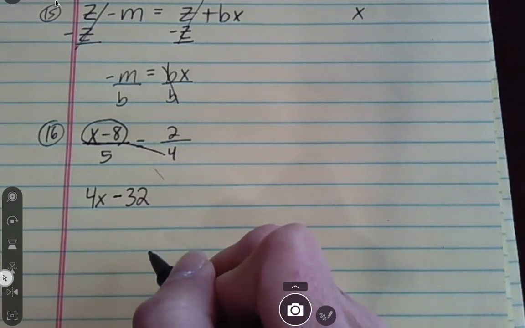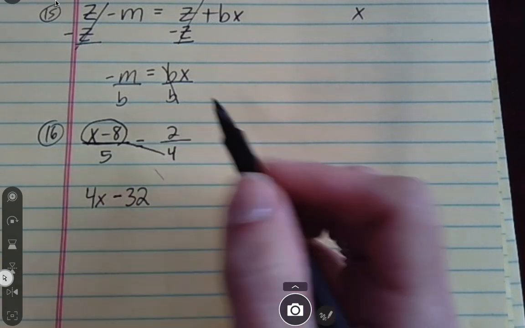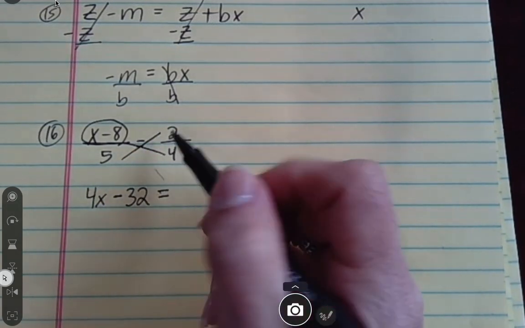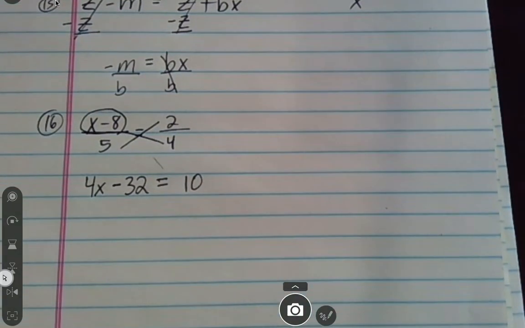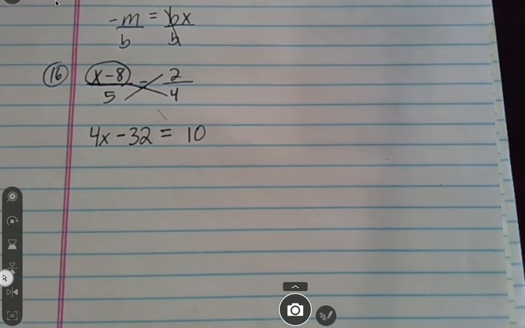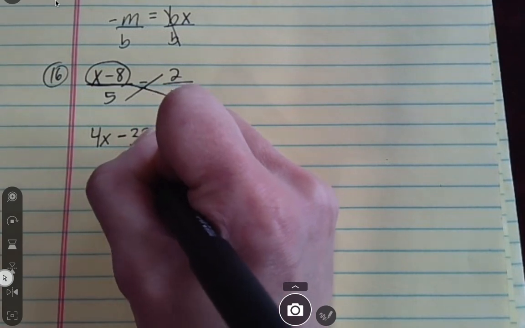Does everybody understand that? Yes, no, maybe? Yes. All right, so we're cross multiplying. And then on the other side, I multiply these across from each other. 5 times 2 is 10. So when you have 2 fractions set up like that, you cross multiply. Then what do? This looks like our other equations. I would add 32. You have to do the opposite.